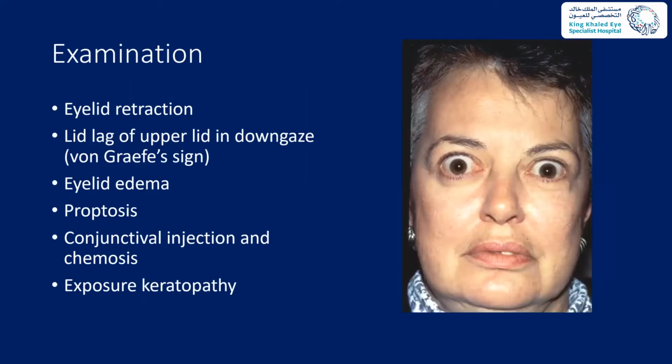And on examination, you'll want to look for eyelid retraction, lid lag of the upper lid and down gaze, which is referred to as von Graefe's sign, eyelid edema, proptosis, conjunctival injection and ecchymosis, and exposure keratopathy. Eyelid retraction is one of the most common findings present in up to 90% of cases.